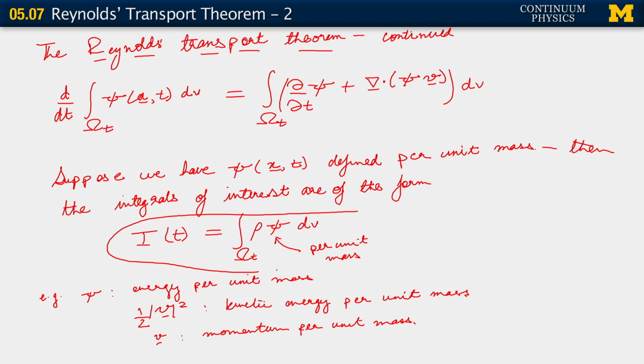When we need to consider questions of energy and momentum, we will often use the Reynolds transport theorem in the form that I've just circled, where psi would be either the kinetic energy per unit mass or the momentum per unit mass. So it's for this reason that we need to figure out what happens with this integral. How do we treat it now?